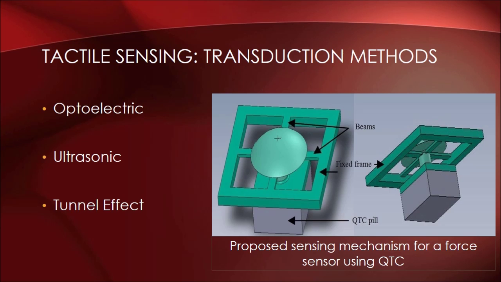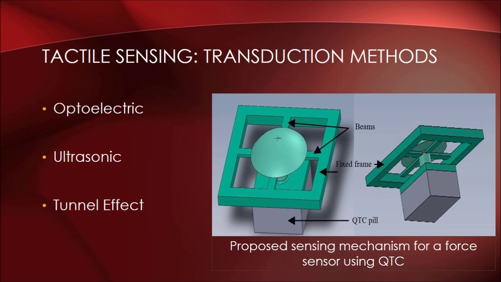Again, these sensors are immune to electromagnetic interference. Next, the ultrasonic tactile sensors use polyvinylidene fluoride polymer rubber as receiver arrays to pinpoint the contact location. This technique enables slip and roughness detection even during motion.